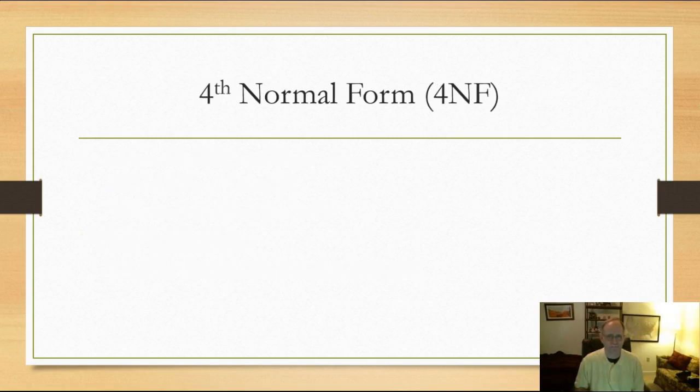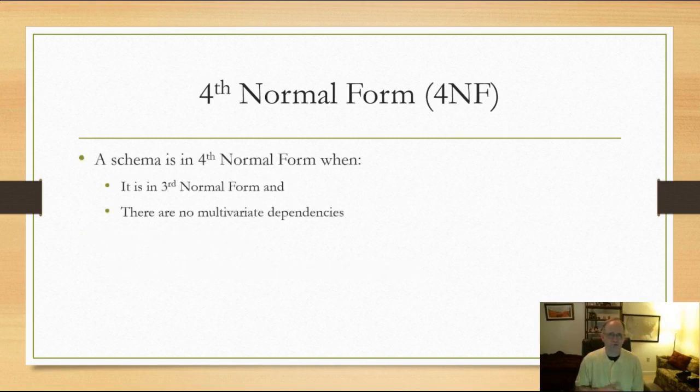Fourth normal form: a schema is in fourth normal form when it is in third normal form and there are no multivariate dependencies. Now, I haven't told you what multivariate dependencies are, and there's a reason for that, because you can just forget fourth normal form. There is no tutorial for it.